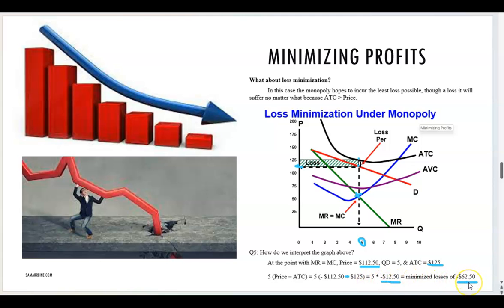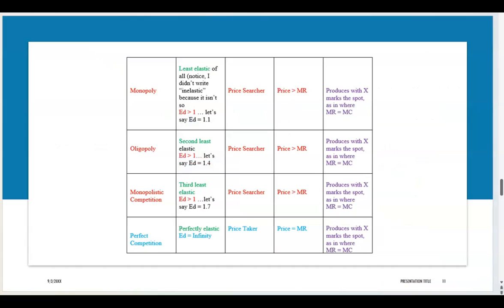The losses are minimized at $62.50, meaning this company can cut back the losses to $62.50, but they can't improve it beyond that. It can't be 60, it can't be 50, because once they start producing under 5, they go to a situation here where the price and the average total cost are even more far apart. So it doesn't work. Now I want to show you a comparison here a little bit.